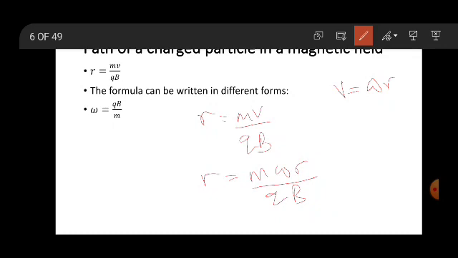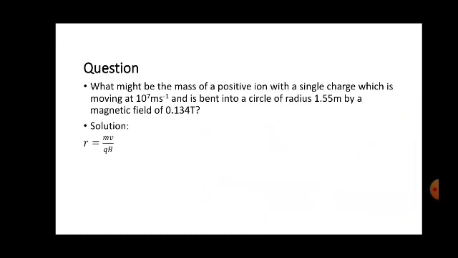If I make omega the subject of the formula, omega will be rQB all over mr, which by the time we cancel out r, you see that omega is equal to QB over m. So if we are asked to find the angular velocity, it is QB over m.